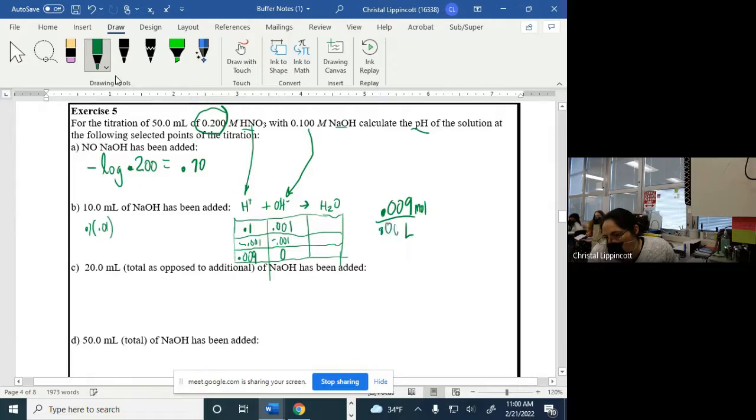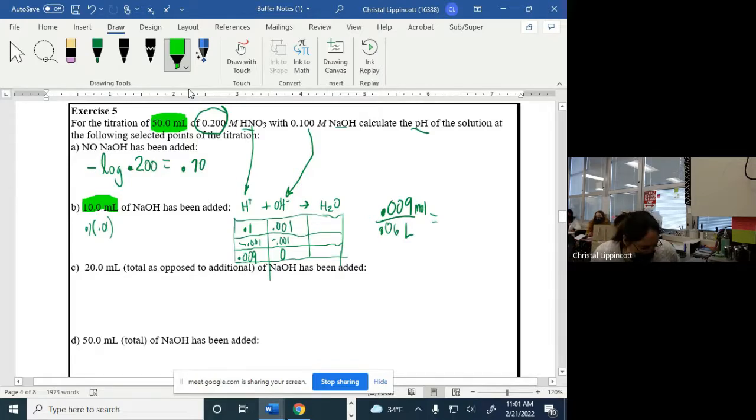Wouldn't it be 0.099? For the H plus, it was 0.1 minus 0.001 is 0.099. Is the H plus concentration supposed to be 0.01?